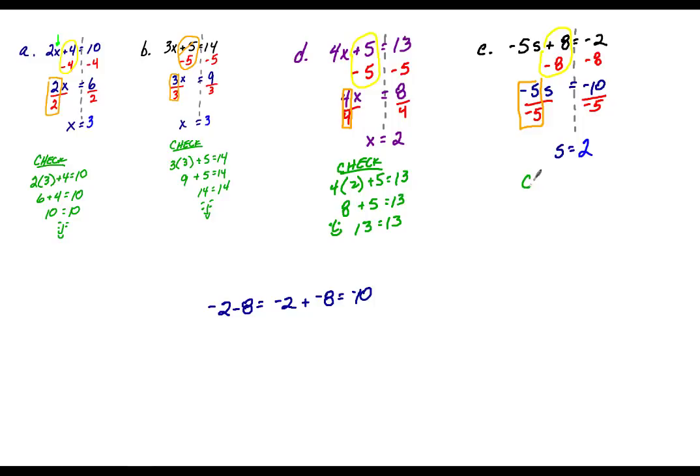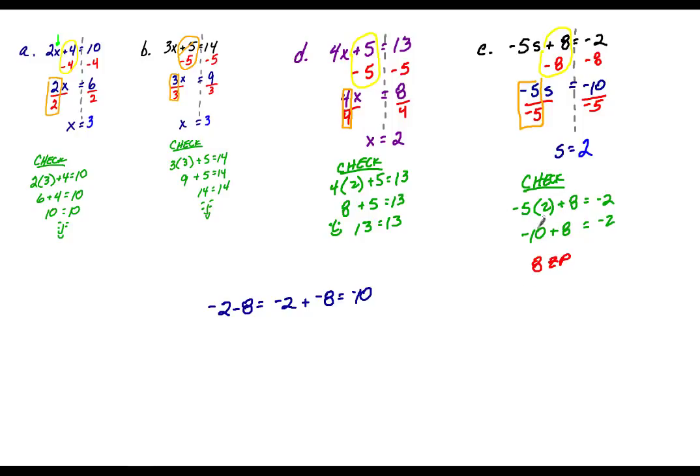I can now check my work to see if I like what this looks like. Is -5 times 2 plus 8 equal to -2? Well, -5 times 2 is -10 plus 8, -2. And -10 plus 8 will create 8 zero pairs.